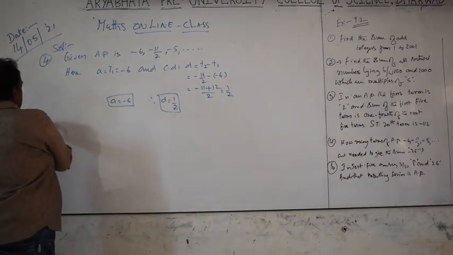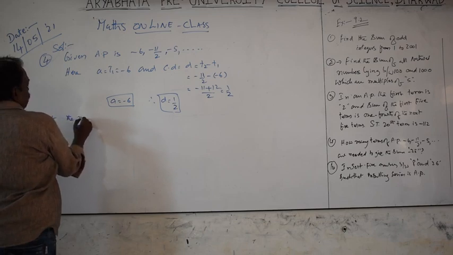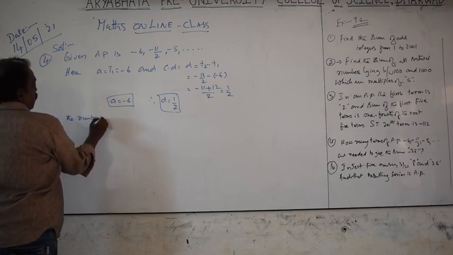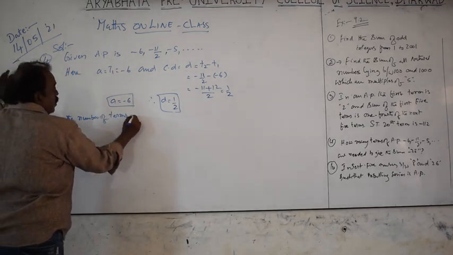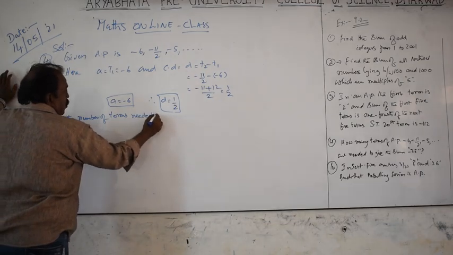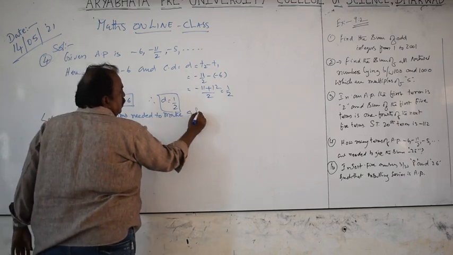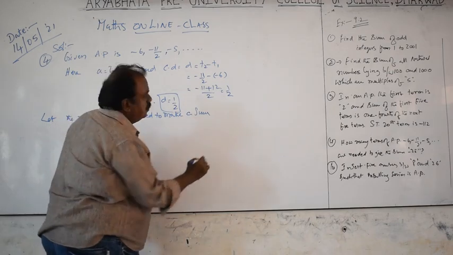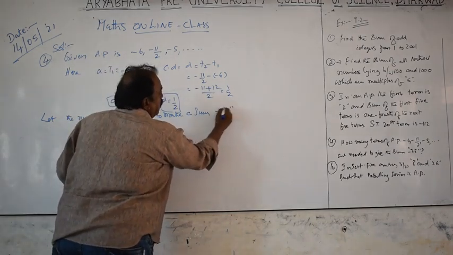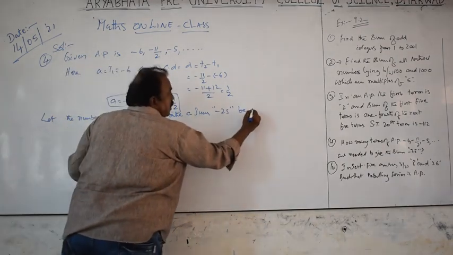Let the number of terms needed to make the sum minus 25 be n.